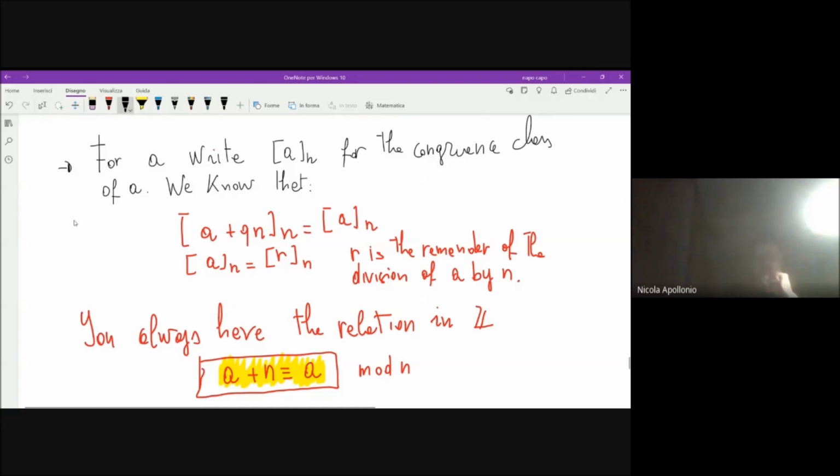So, another trivial observation, but this is something more formal which I have to realize. Pick an integer a. There is another way, probably more intuitive, to denote the equivalence class modulo n to which a belongs.